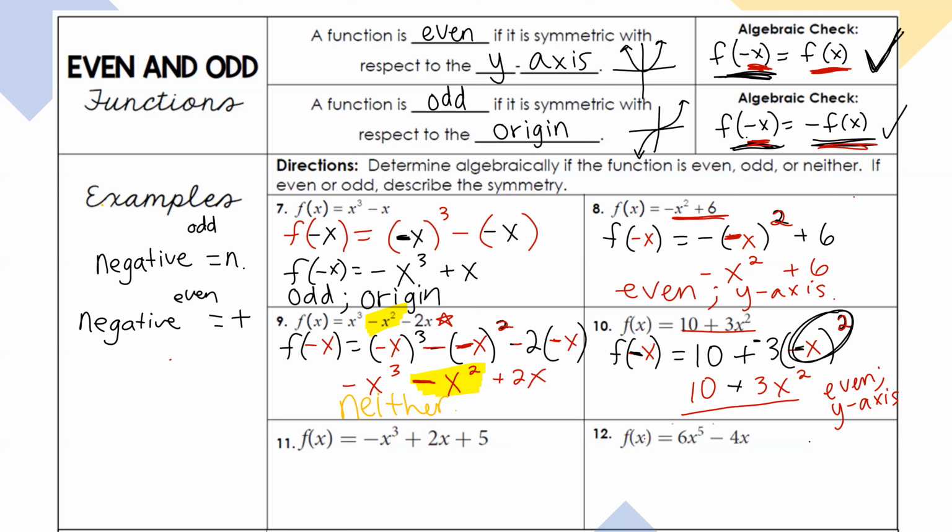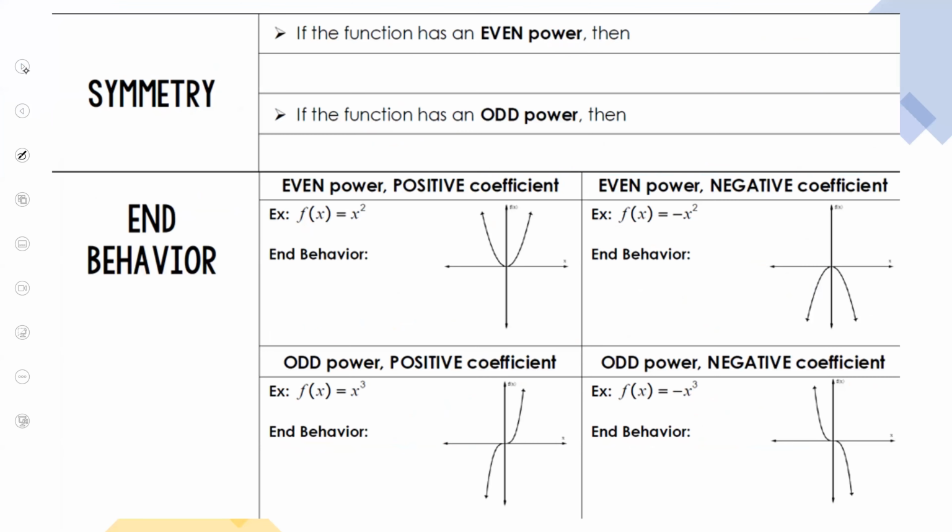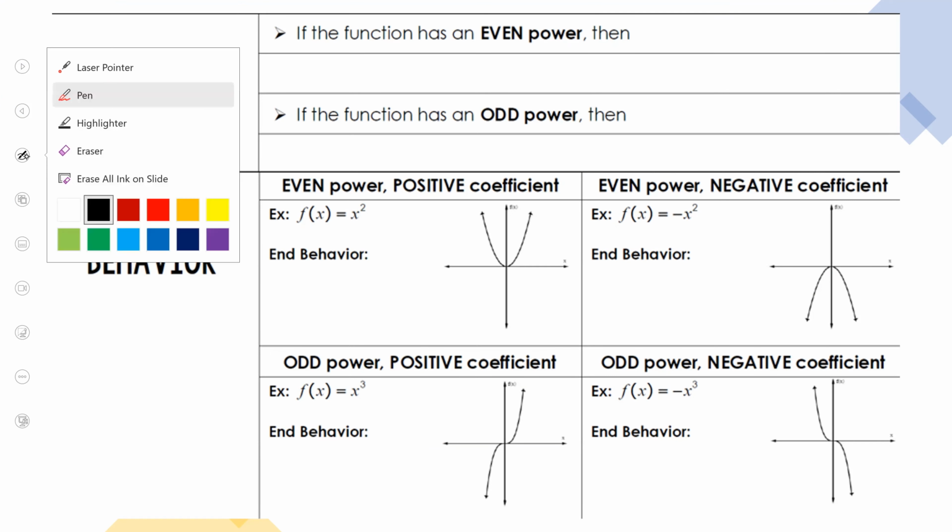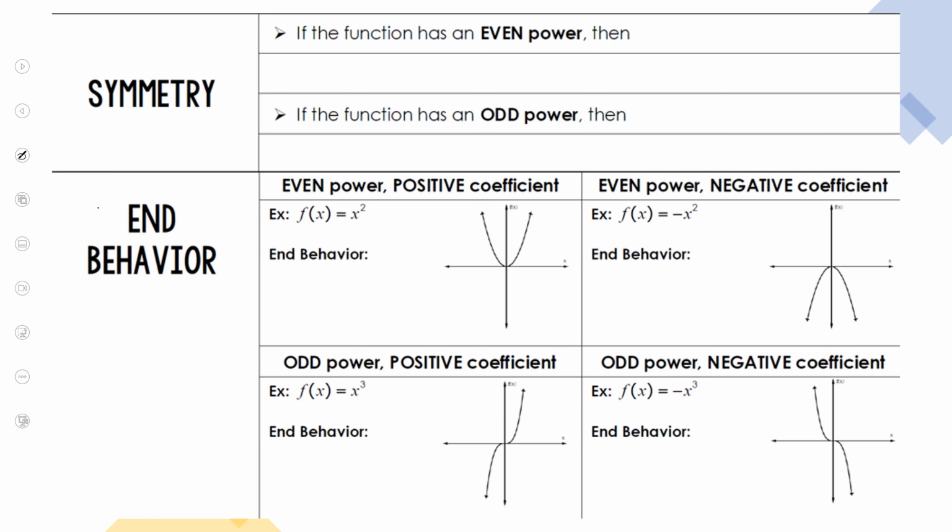I'm going to stop here. We're almost done. Okay, so guys, just repeating. If you have an even power, it'll be symmetrical across the y-axis.